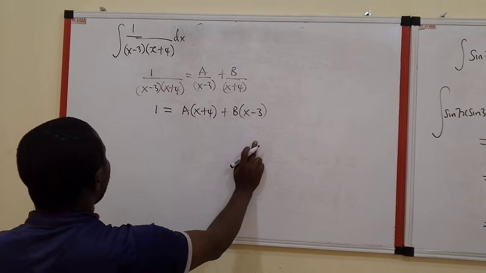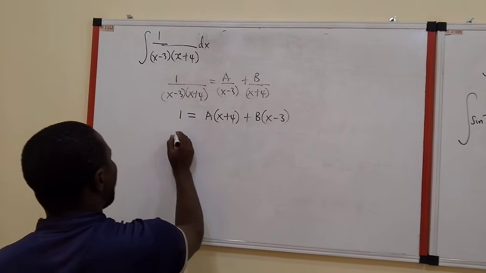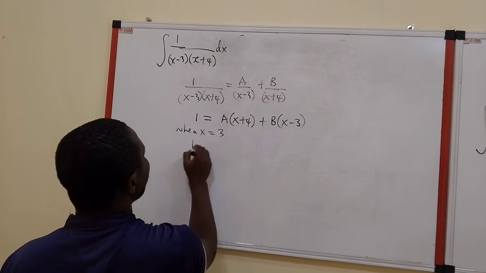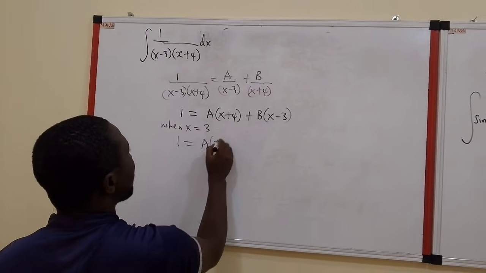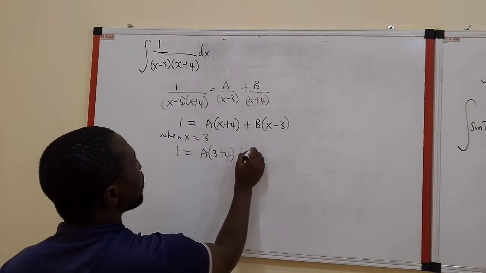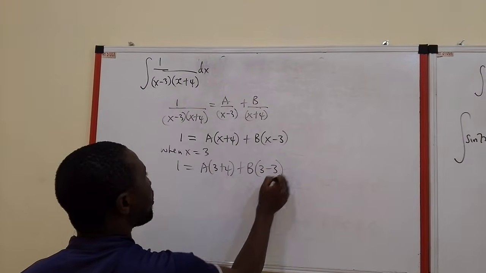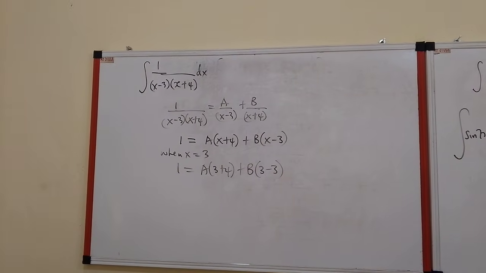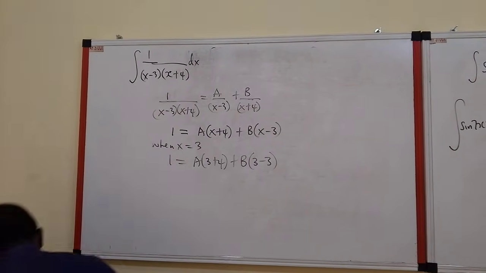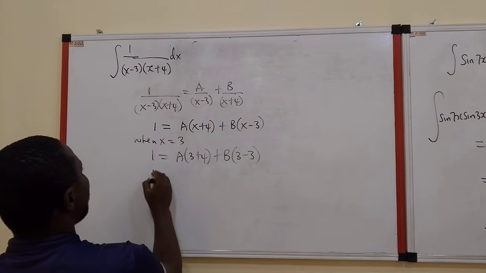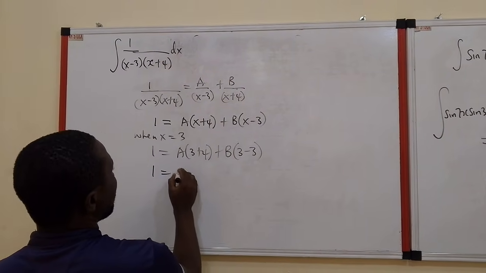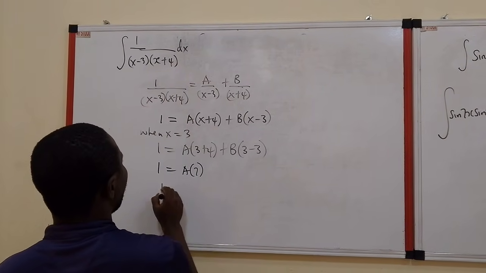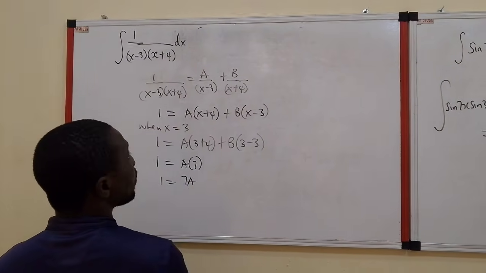If x is 3, then I have 1 is equal to a into bracket 3 plus 4 plus b into 3 minus 3. I have 1 now is equal to a into 7. 1 is equal to 7a.